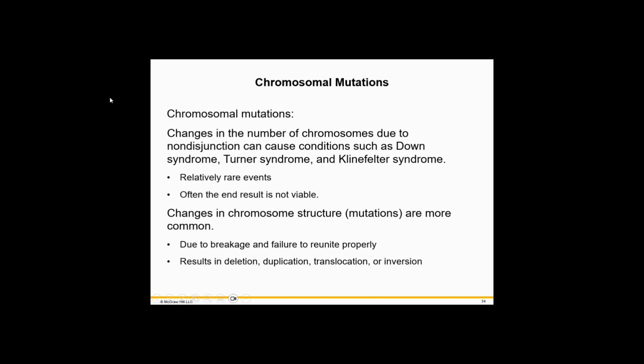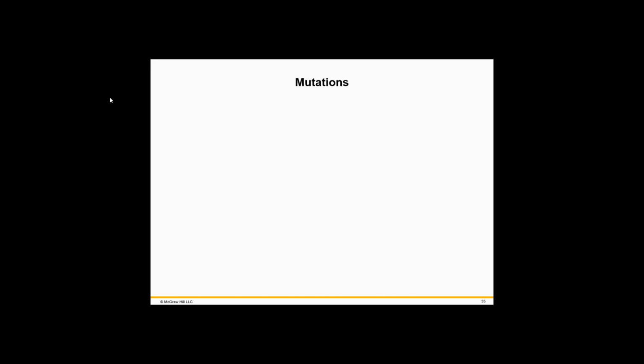Chromosomal mutations are changes in the number of chromosomes, and conditions like this include Down syndrome, Turner syndrome, and Klinefelter syndrome. In general, mutations are relatively uncommon, because there are DNA repair enzymes that often fix these errors.